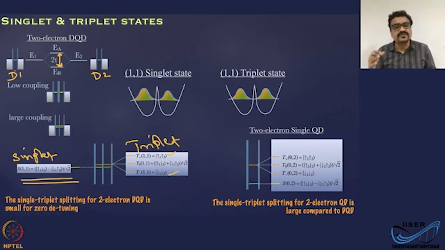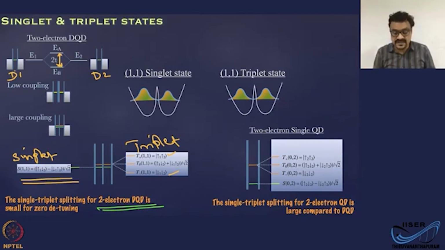So that would be the splitting between the singlet and triplet state that you are going to experience. So what we are saying is the singlet-triplet splitting for a 2 electron double quantum dot is small. It's not really high, it's not zero. We can measure it, and that is one of the key knobs that you need to turn to do the quantum computation between the singlet and triplet states.